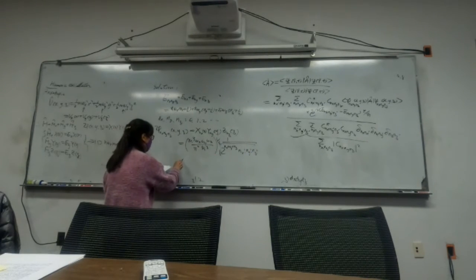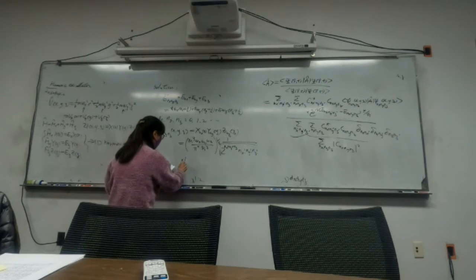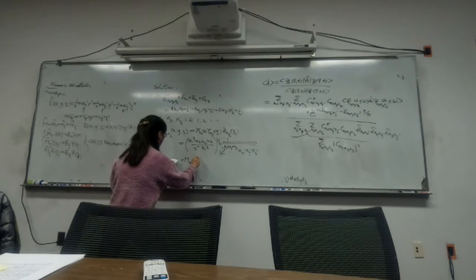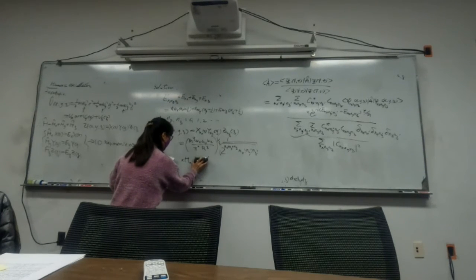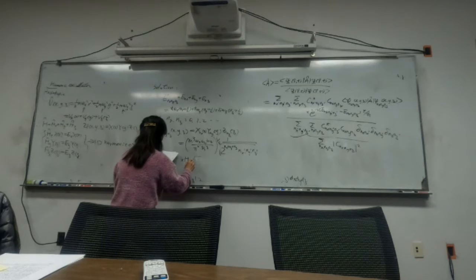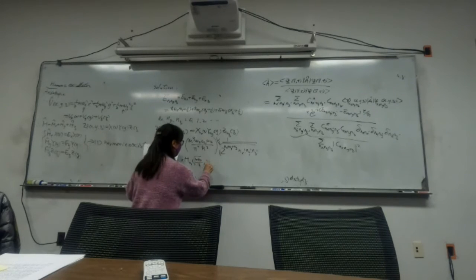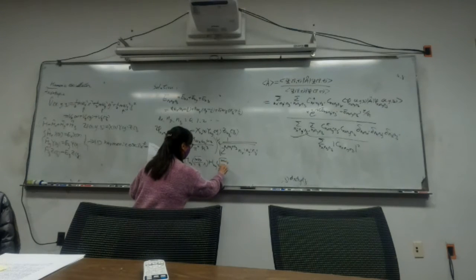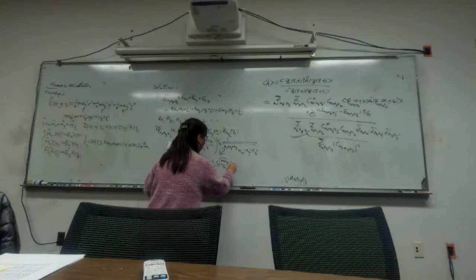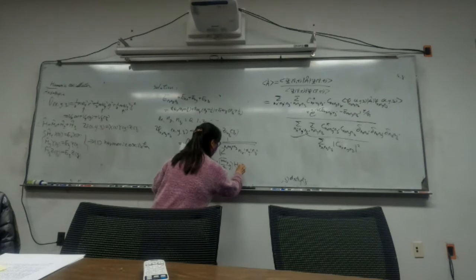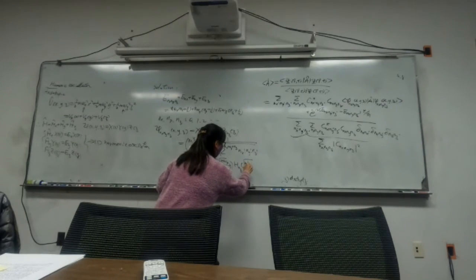Then multiply the Hermite polynomial for each component, H nx of square root of m omega x over h bar times x, and the y part, m omega y over h bar times y, and the z component part, m omega z over h bar times z.